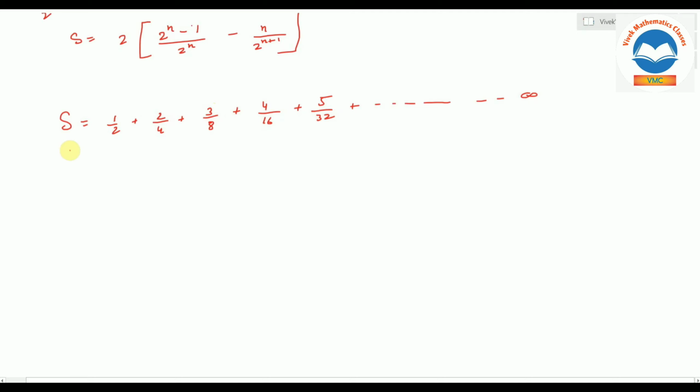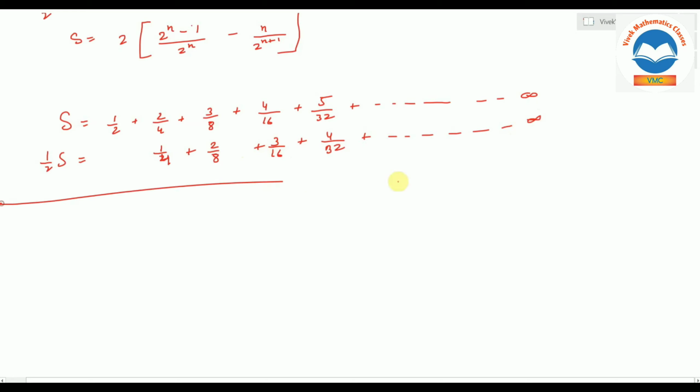Okay. So if you multiply by 1/2, 1/2 S will be equal to 1/4 plus 2/8 plus 3/16 plus 4/32 and so on. It will go on. So if you subtract here, what will happen?